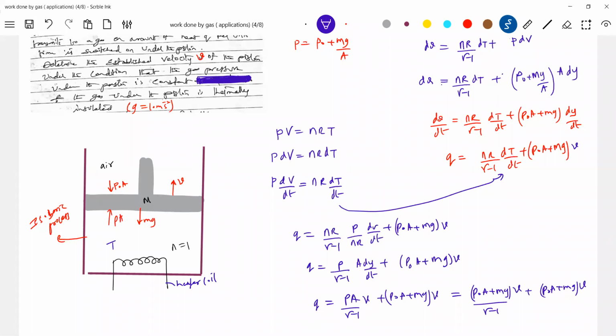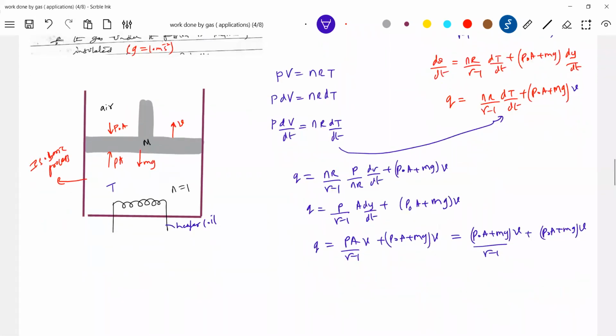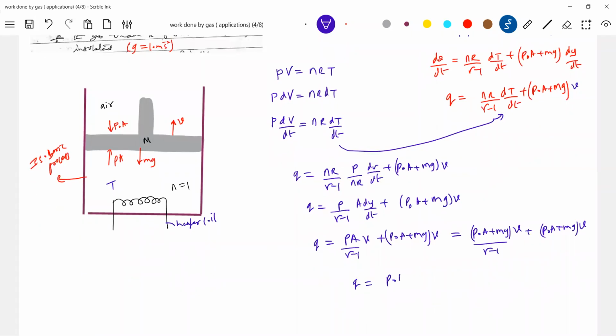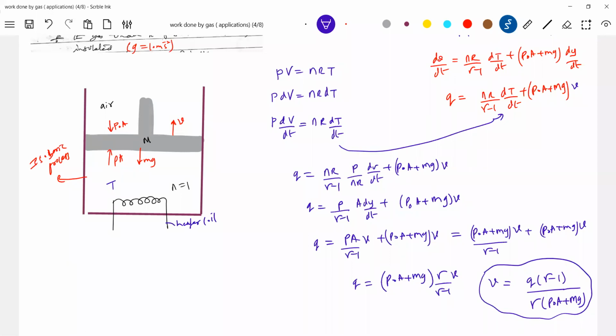Now P naught A plus mg, gamma by gamma minus 1 into V. So the expression for V will be Q times gamma minus 1 divided by gamma times P naught A plus mg. That is the speed of the piston.